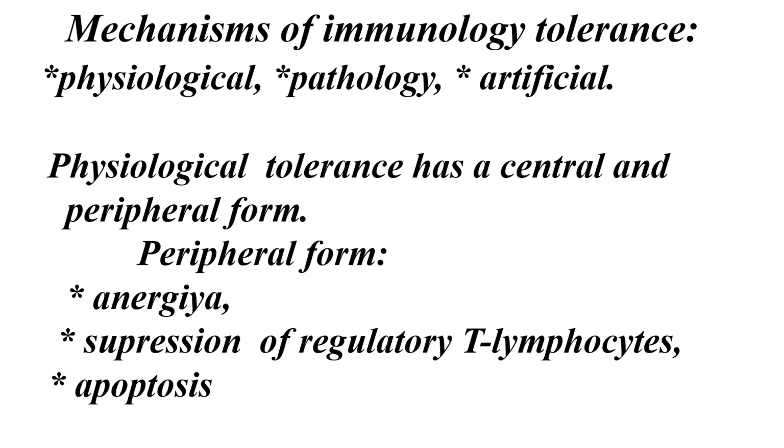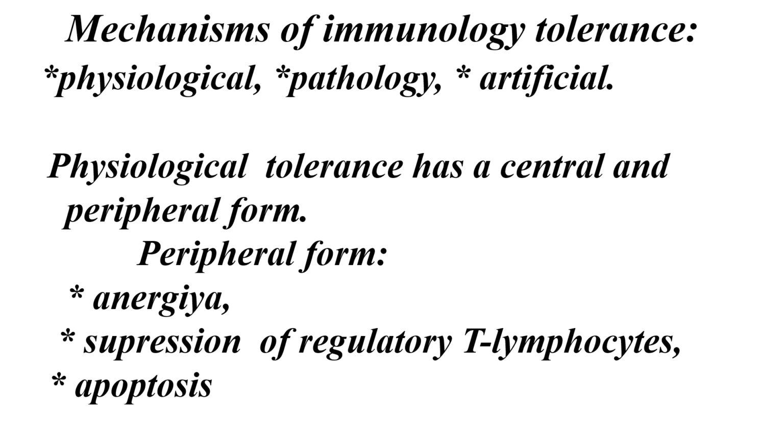Mechanism of immunological tolerance. The state of organism inability to produce an immune response is called immunological tolerance. The body doesn't respond to its own antigen. Mechanism of immunological tolerance has physiological, pathological, and artificial forms. Physiological tolerance has a central and peripheral form.